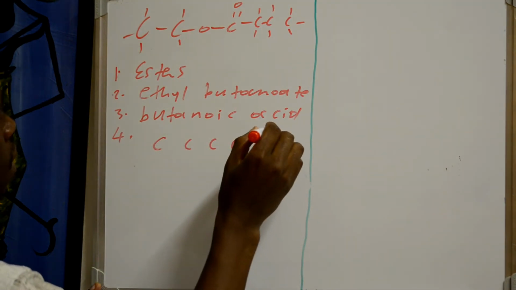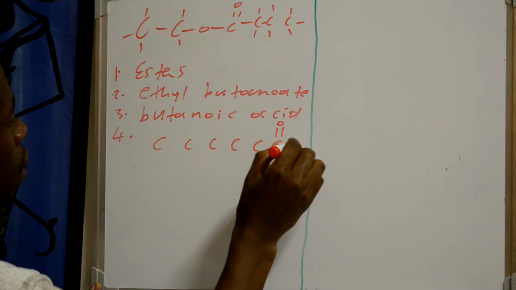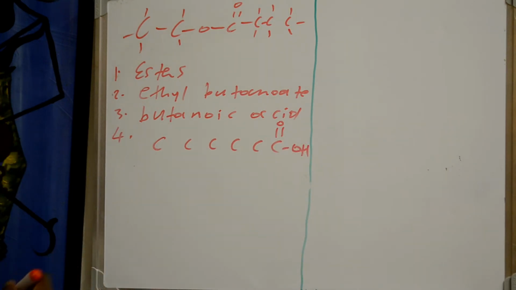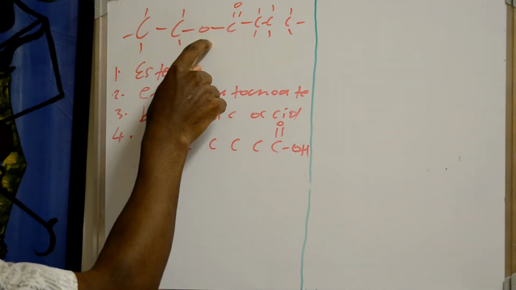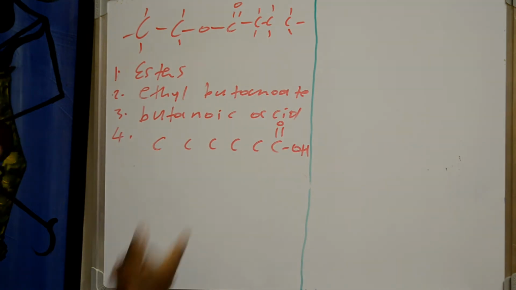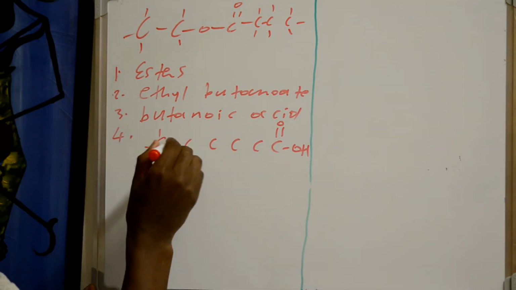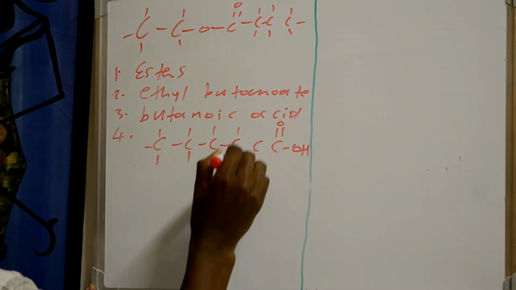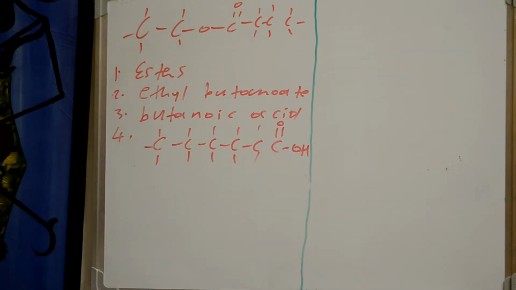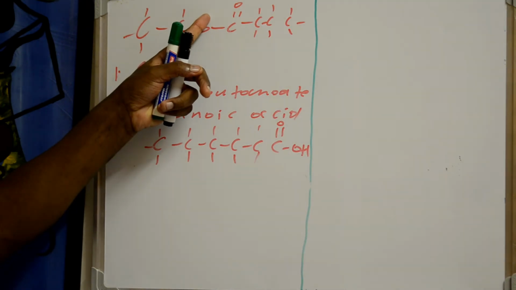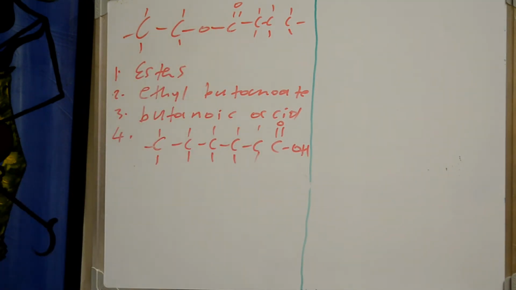It must have 6 carbon atoms and OH. So this is an ester and an acid. So this is a structural isomer. Then you put in the hydrogens, I believe you see. You know almost how to do those things. Put in the hydrogens. So this is the functional isomer of that molecule.